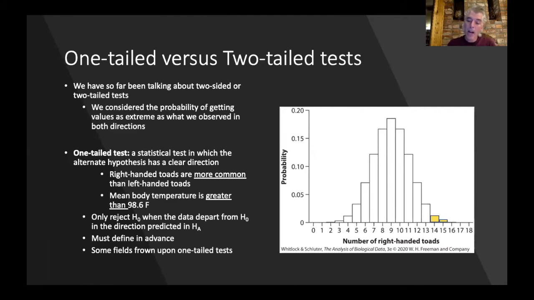And we then calculate our probability using only half of the distribution, or the end of the distribution corresponding to that direction. So if our alternate hypothesis was that right-handed toads were more common than left-handed toads, then we would calculate our p-value by simply adding up these probabilities, and we wouldn't add in these probabilities down here.